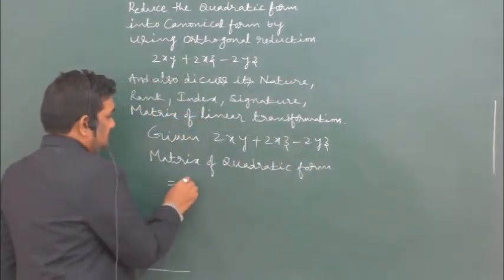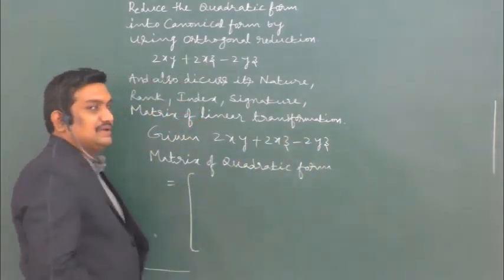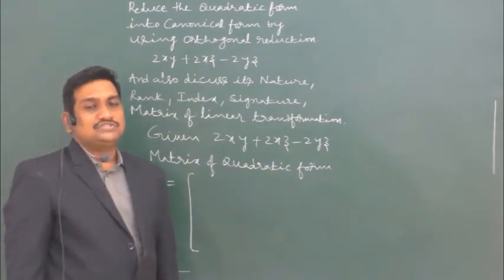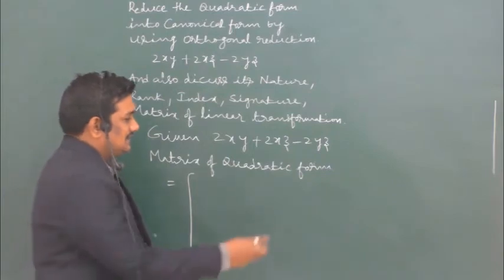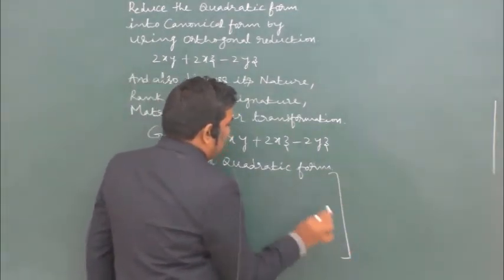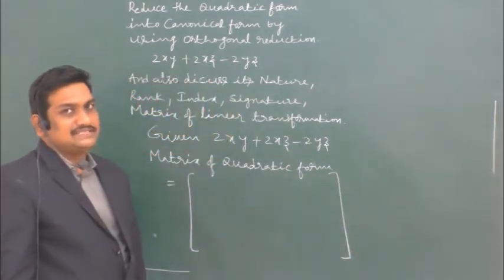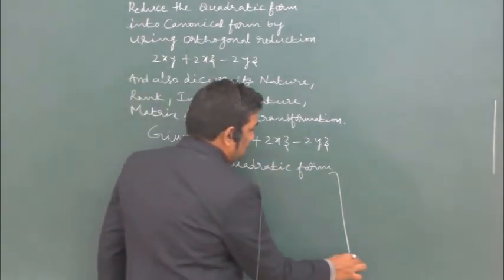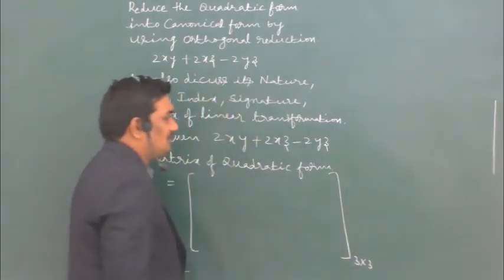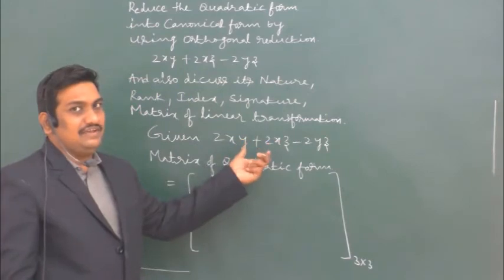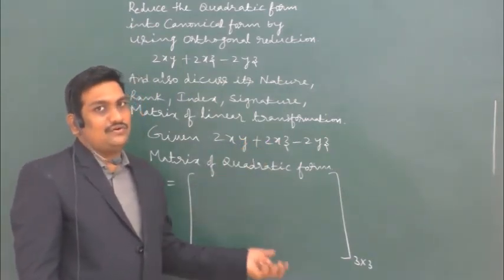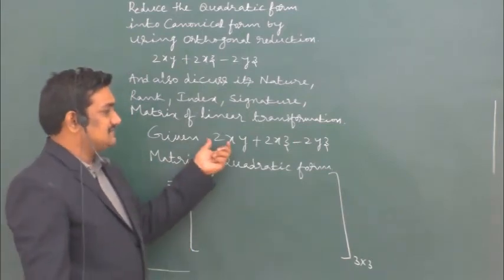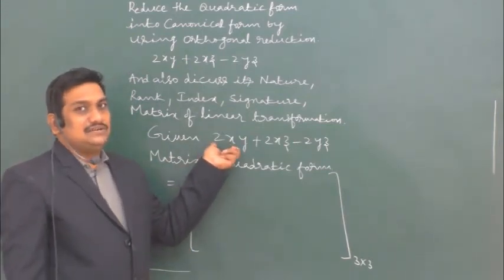Okay, this is equal to, first you need to place the coefficients of the square terms in the diagonal. Also, the order of this square matrix is 3 by 3, since it is a quadratic form in x, y, z, three variables. The square term coefficients are 0, 0, 0.